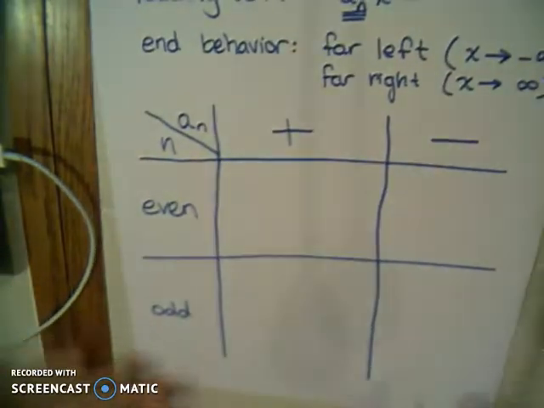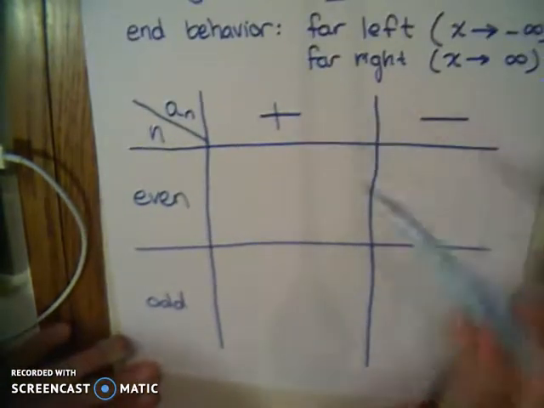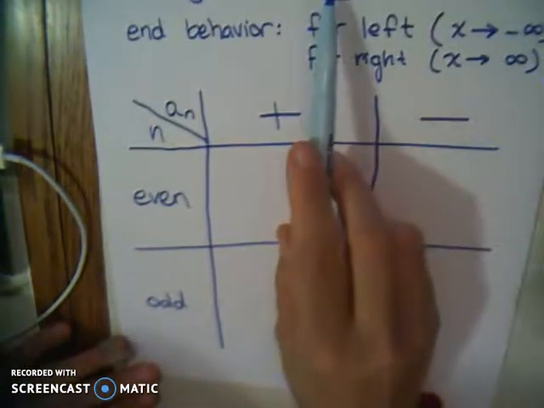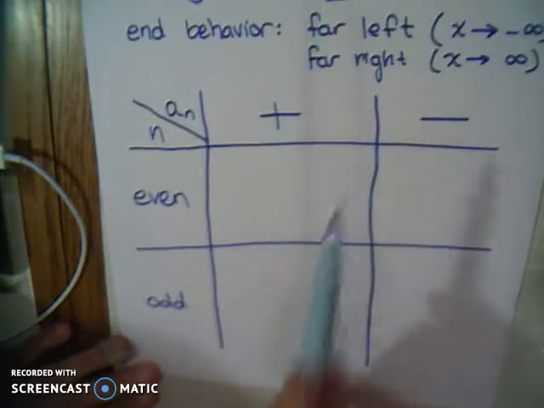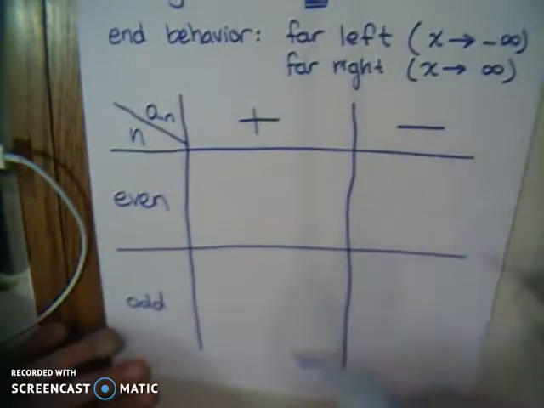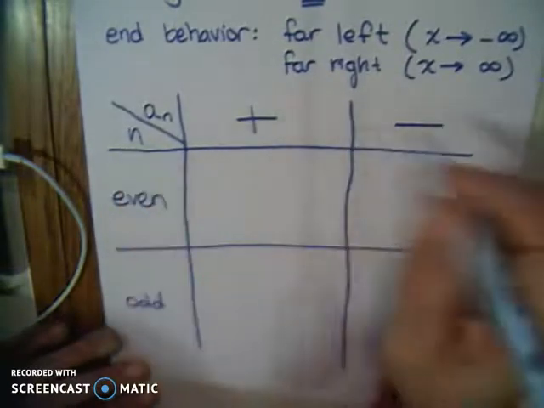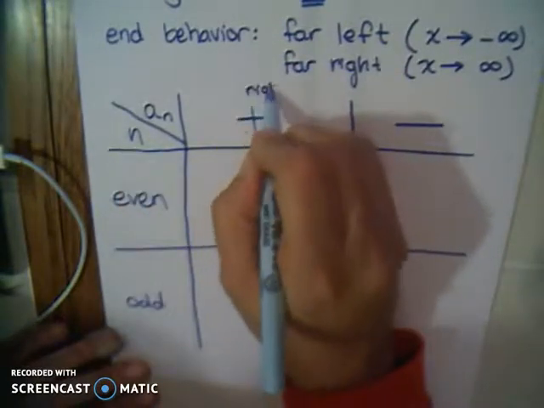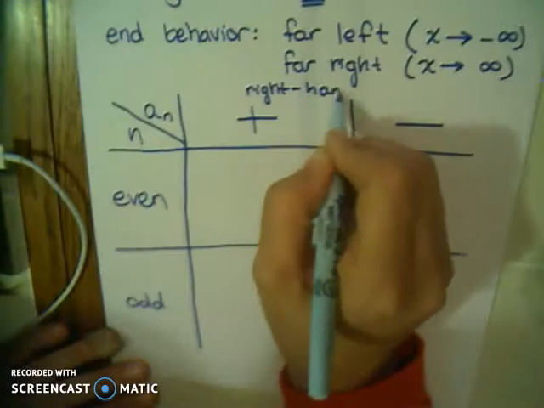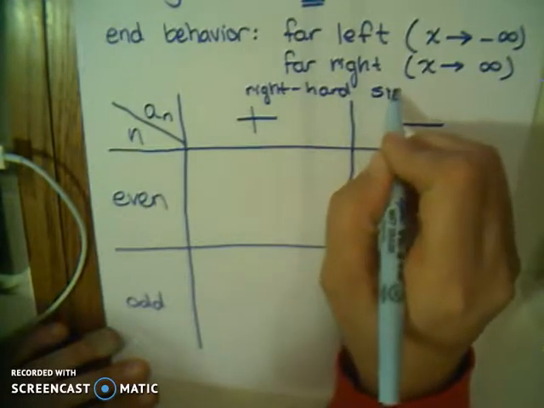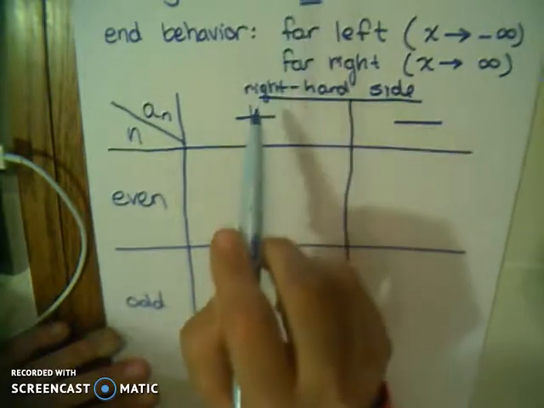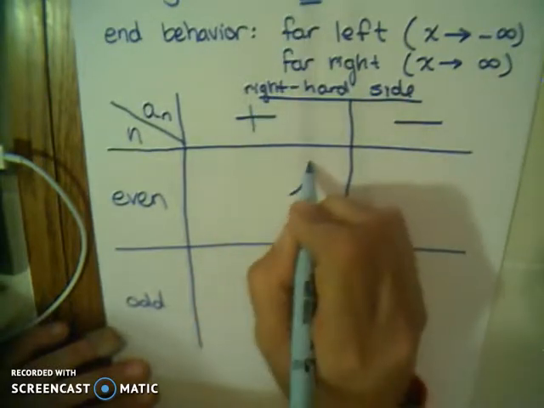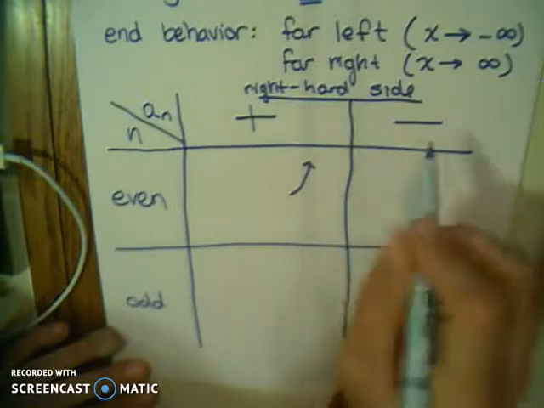Now, the easiest way to remember this is start with your coefficient, because it's written first anyway. The sign tells you what the right-hand side is doing. So if the sign of your coefficient is positive, that means the right-hand side is going up.